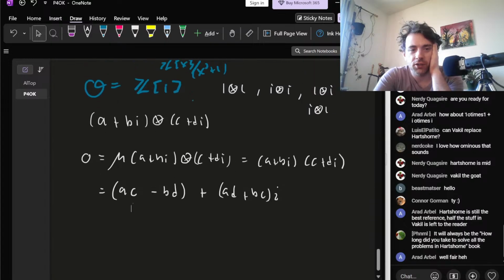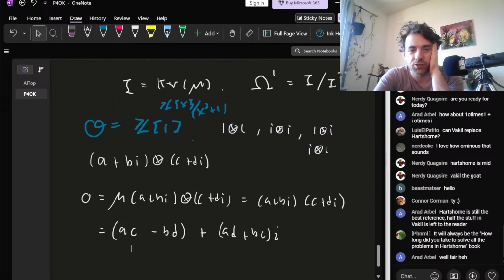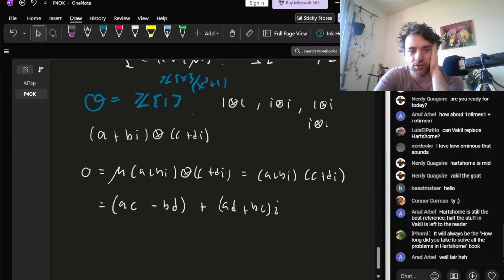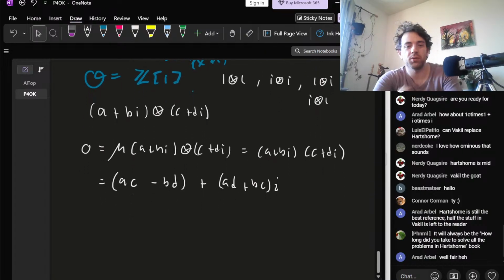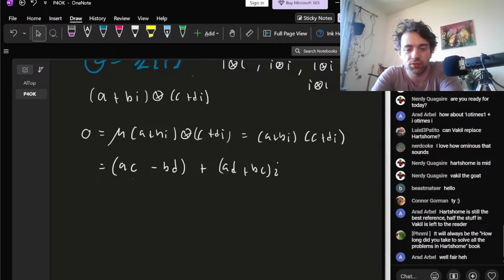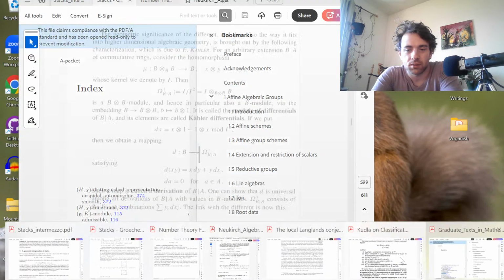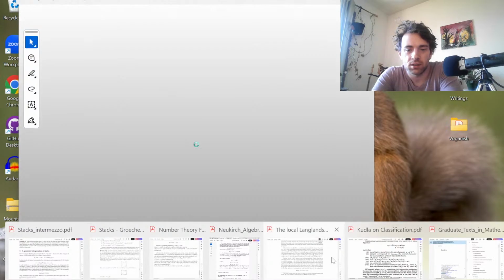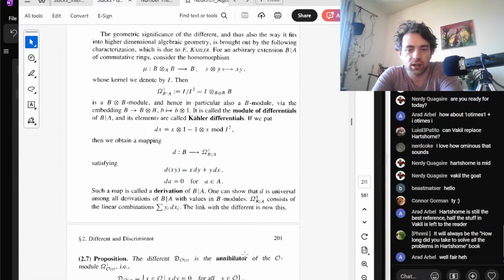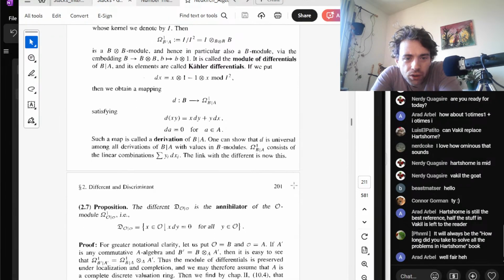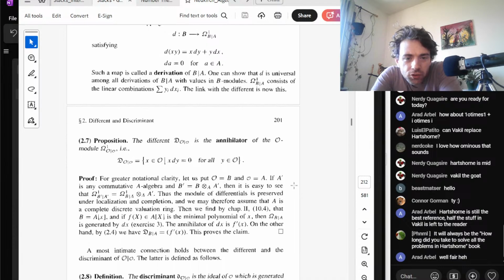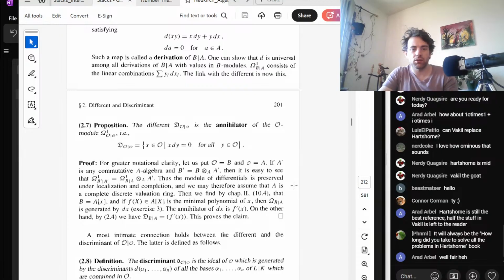I mean, I guess it makes sense. We shouldn't have differentials, because these rings are just stupid rings, right? So I could believe that we don't have differentials. But then I'm really confused as to how we're going to get our one ramifying prime out of this.